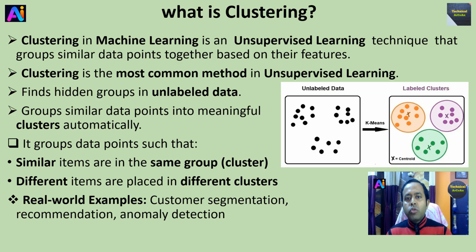Clustering is the most common method in unsupervised learning, right? Finds hidden groups in unlabeled data. As far as supervised learning is concerned, we go through labeled data, but for unlabeled data we do unsupervised learning, right? Groups similar data points into meaningful clusters automatically.